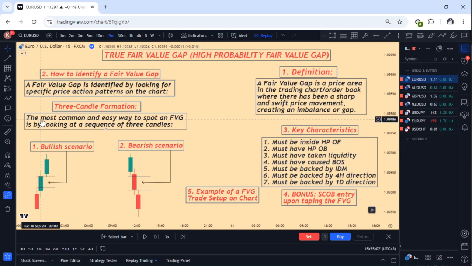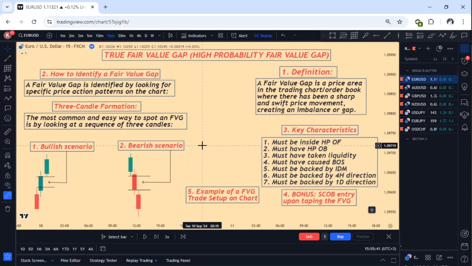The most common and easy way to spot a fair value gap is by looking at the sequence of the three candles. A fair value gap cannot form without three candles from any time frame. Can be 15 minutes, 1 hour, 4 hours, daily. So it must be formed from at least three candles to make it a fair value gap. The only thing that can form on two candles only is scope, which I'll discuss later.